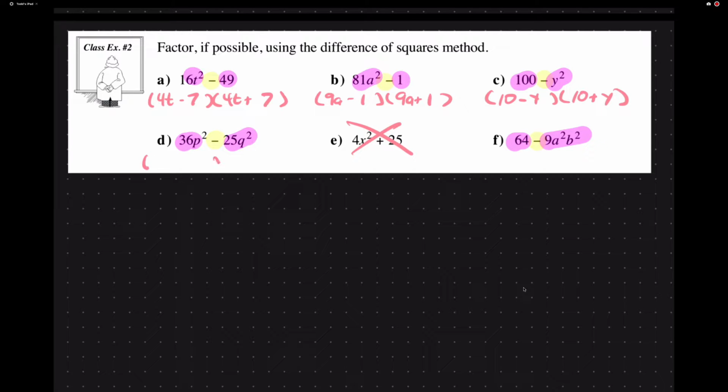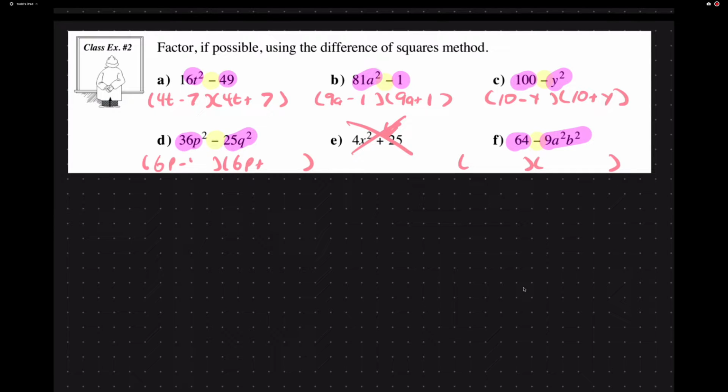So let's take a look at D and F, ignoring E because of that plus sign in the middle, indicating it cannot be factored using a difference of squares. The first one, D, would be 6p minus 5q and 6p plus 5q.